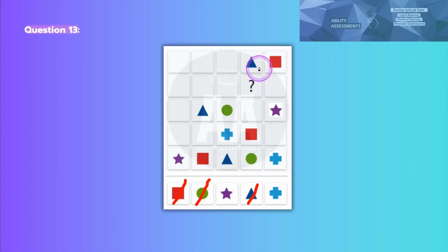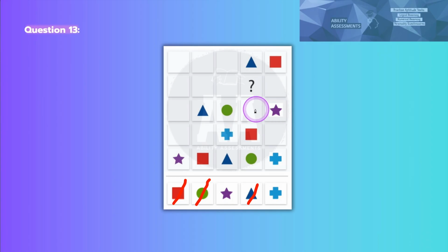Okay, now we can go back to the column of the question mark. Remember what we said before. There are two shapes missing from here, the star and the cross. Now that we have a shape in this same row, the same row as this cell, we already have a star here now.